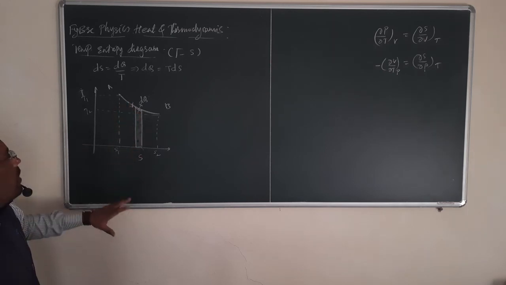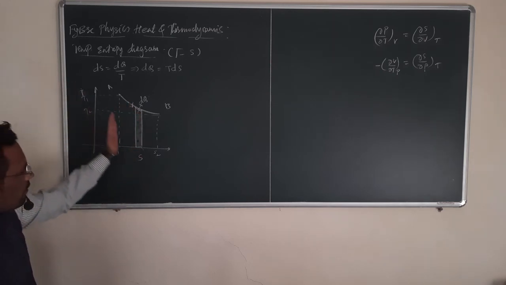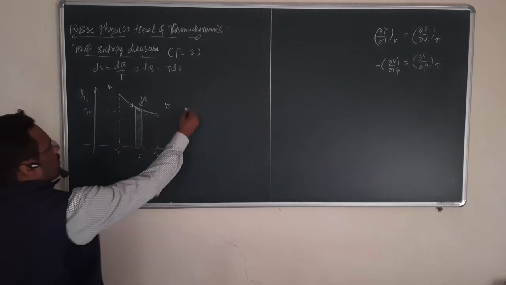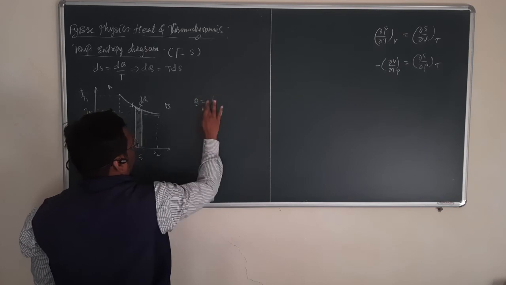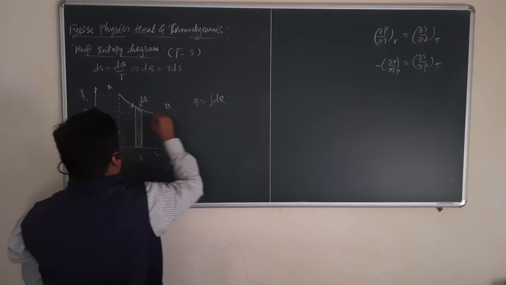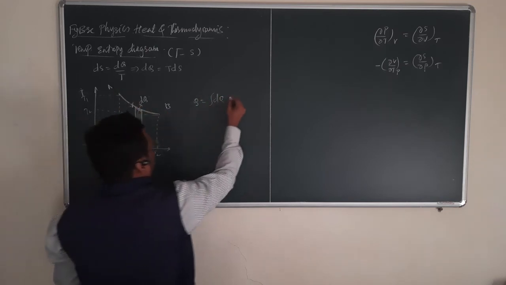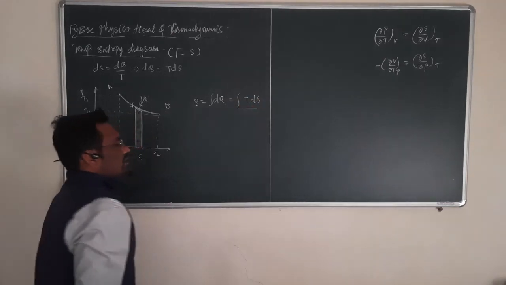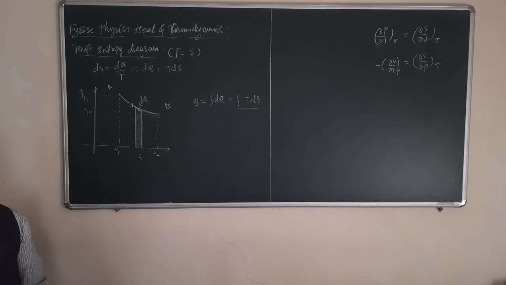Now if you take the entire curve, then q is the integration of dq for the entire curve from A to B, and this is nothing but the integration of TdS, which is the area under the whole curve.